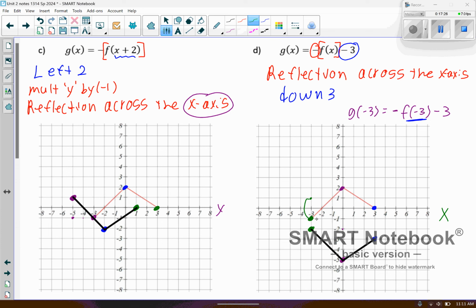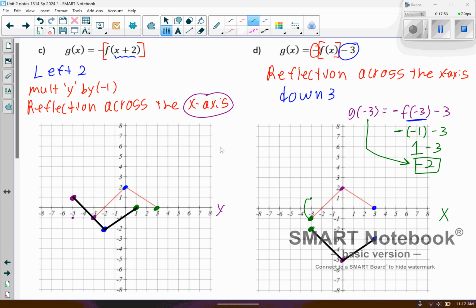The y value is what I get in return when I plug in -3. So I would have -1 minus 3. Well, -1 becomes +1 minus 3, which is a -2. So the g function, when x is -3, the y value would be -2. Bingo, that's this point right here that I have.